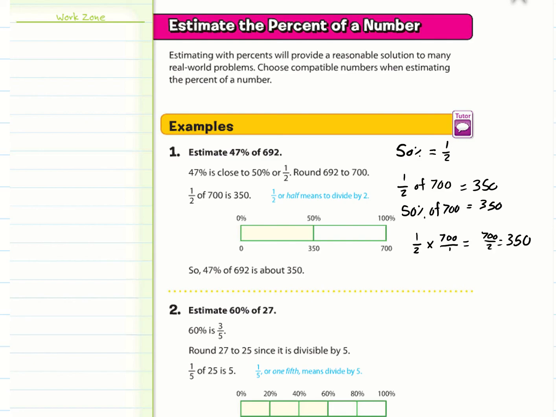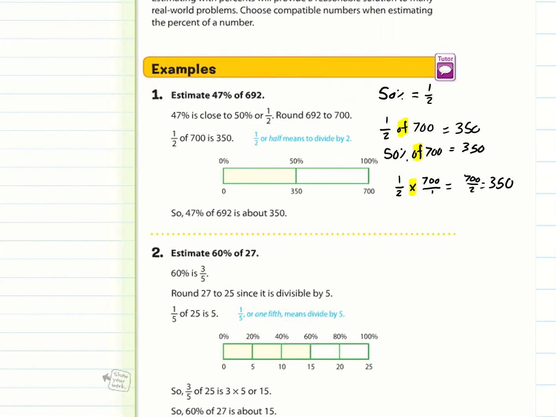So whenever we see of, like 50% of, in that case, 1/2 of 700, 50% of 700, we can actually multiply to get our answer.